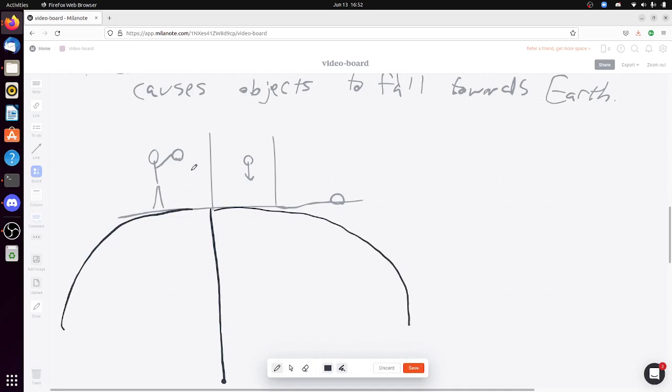You can imagine this object here being attracted with the force of gravity towards the Earth, and the Earth is also attracted backwards. Now, if you apply Newton's law of gravity, you can actually calculate how fast this object should accelerate or fall towards the ground.